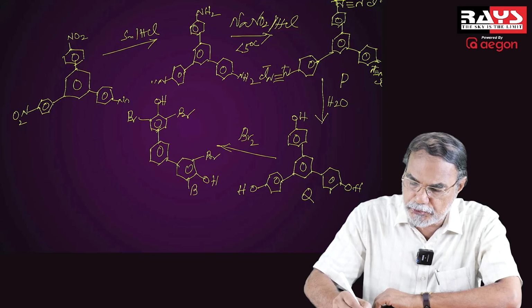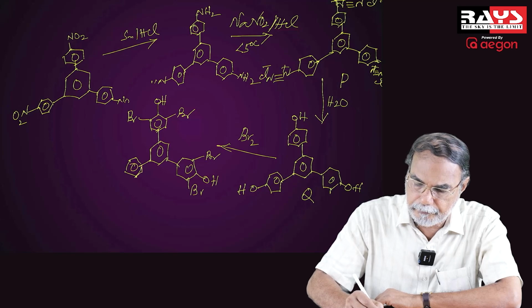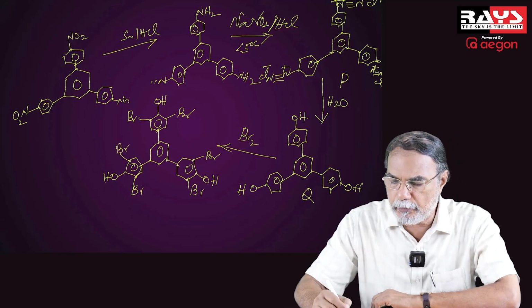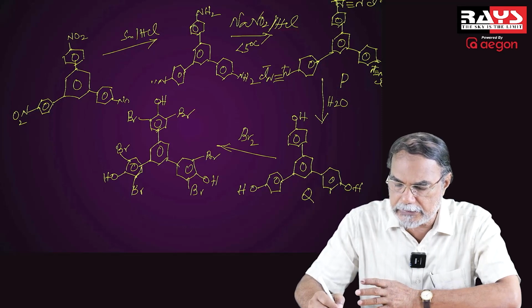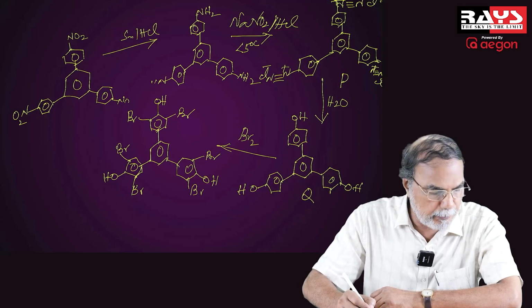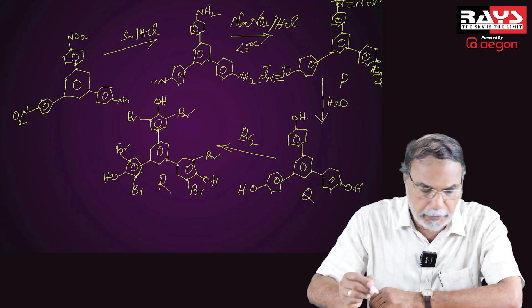The ortho positions are occupied by the bromine atoms. So that's the compound obtained when the compound Q is treated with bromine water. This is the compound formed, and that compound is given the name R.